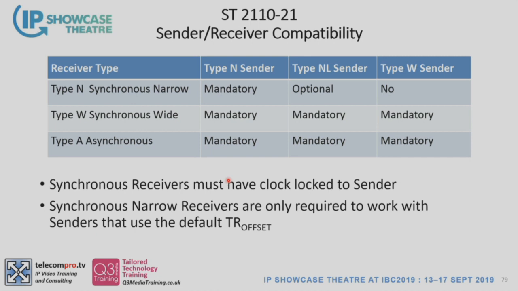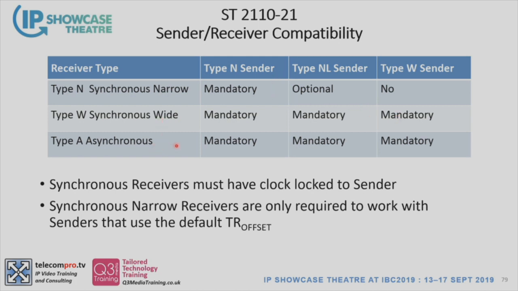We have sender and receiver compatibility rules in 2110-21. We have a narrow synchronous receiver that is only required to take a type N sender, which is just the narrow gap sender. And it's optional to absorb the narrow linear sender. Synchronous wide has to handle all of the types of senders we mentioned before.